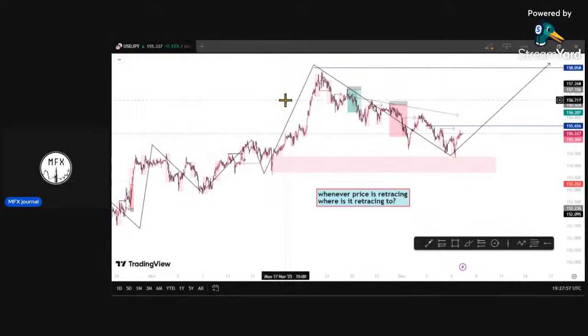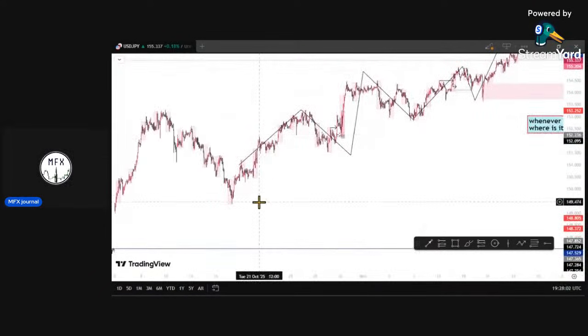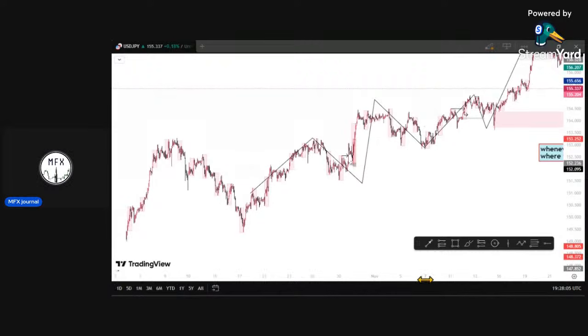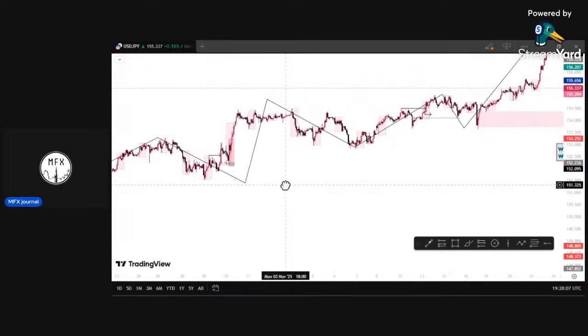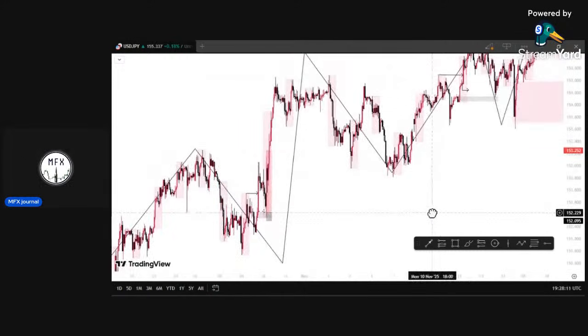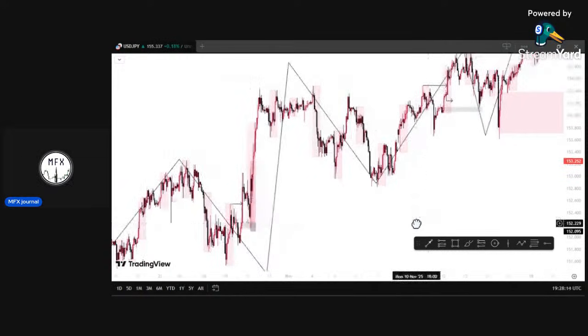Whenever price on the high time frame is moving bullish, this is a clear example here. Price was moving bullish. What will I be aiming for? I will be aiming for price to take out the Asia range low for us to continue buying.